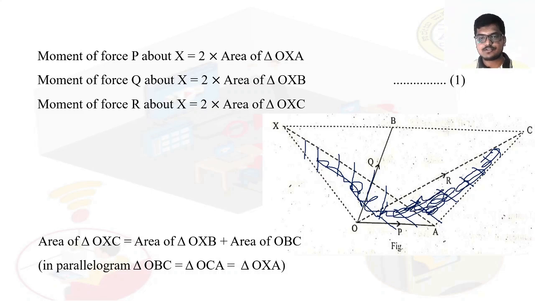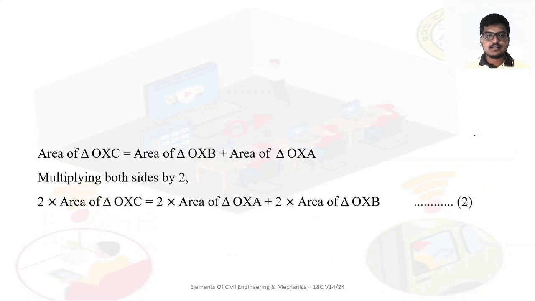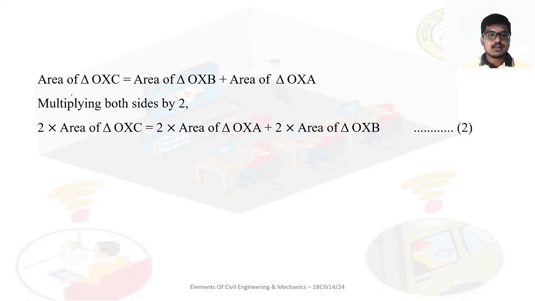Whenever we consider a triangle, we should take it separately. Fine. So triangle OAX, or OXA, is equal to triangle OCA, which is also equal to OBC. Okay, so when these are equal, then area of triangle OXC is equal to area of triangle OXB plus area of triangle OXA.